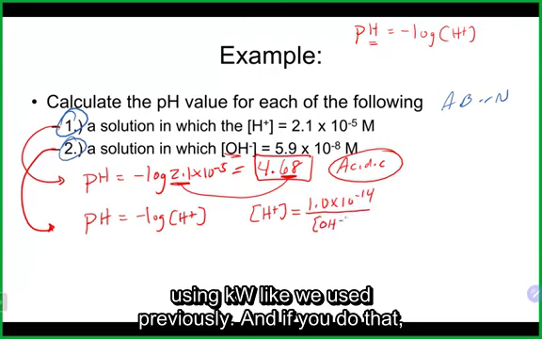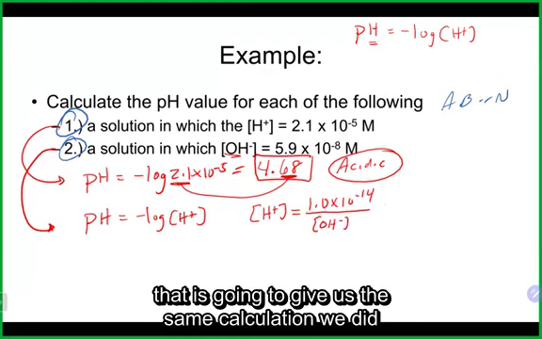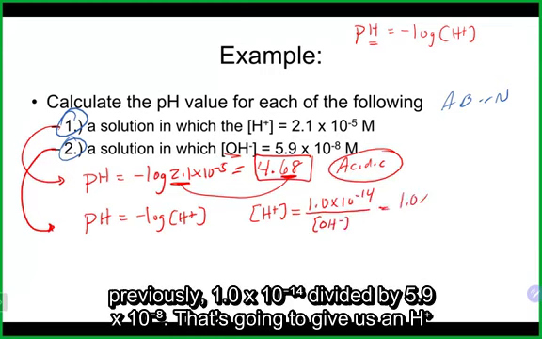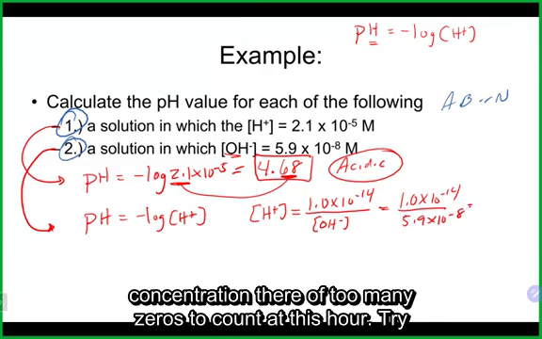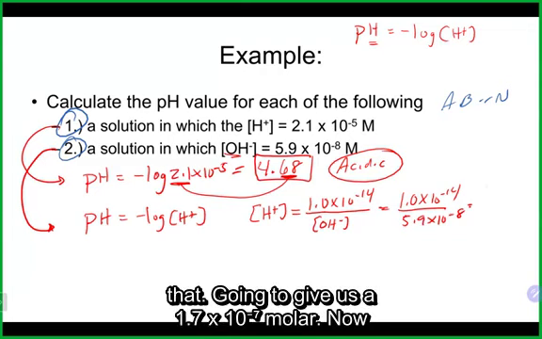And if you do that, that is going to give us the same calculation we did previously. 1 times 10 to the minus 14 divided by 5.9 times 10 to the minus 8. That's going to give us an H plus concentration of 1.7 times 10 to the minus 7 molar.